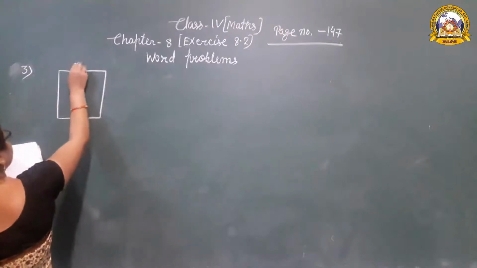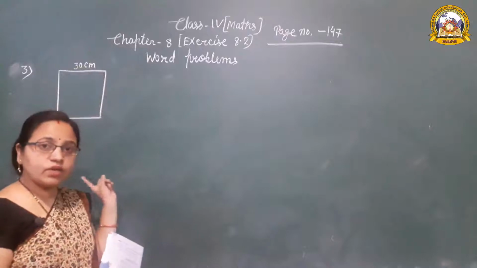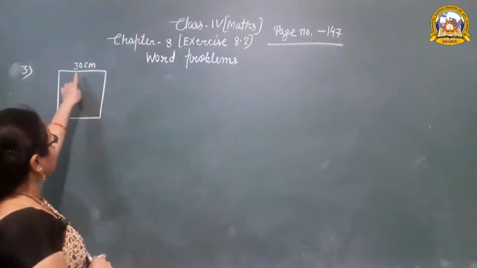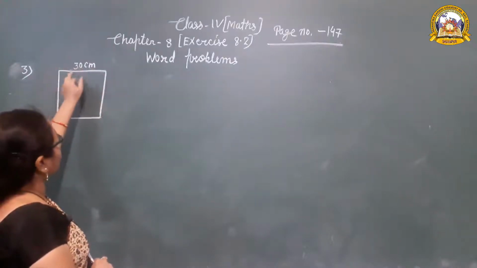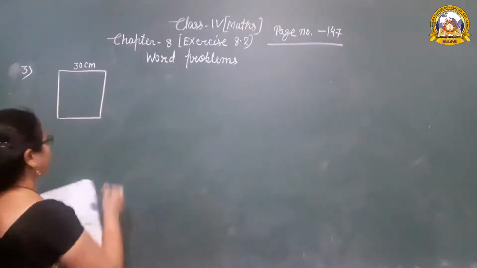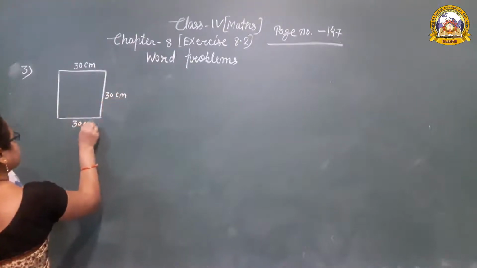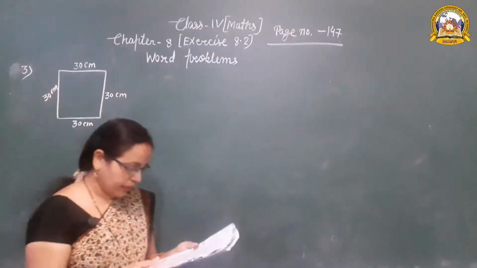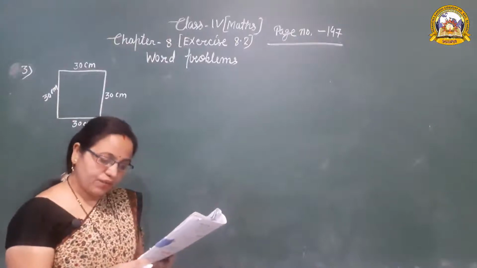All sides are equal. If only one side of the square is given, it means the other sides are also of the same length. Here only the length of one side, 30 centimeter, is given. So what will the other sides be? 30 centimeter, 30 centimeter and 30 centimeter.